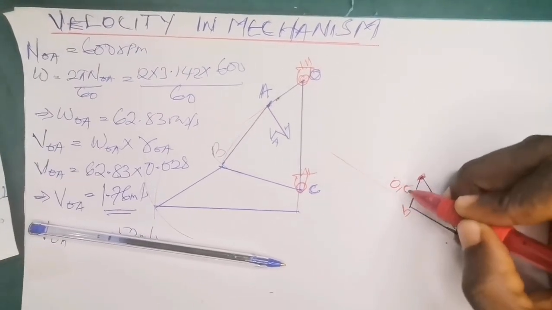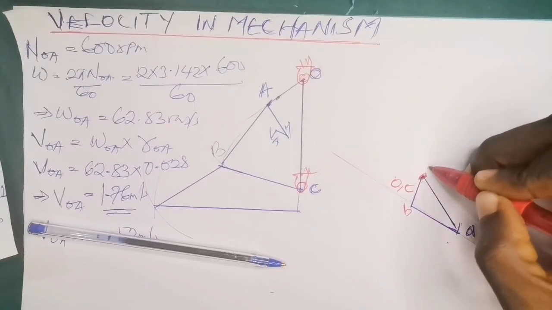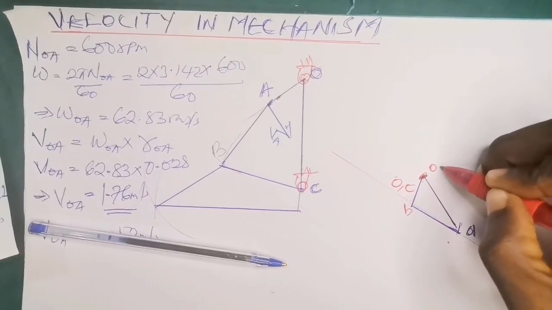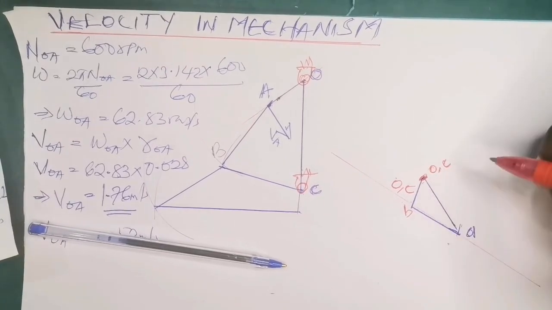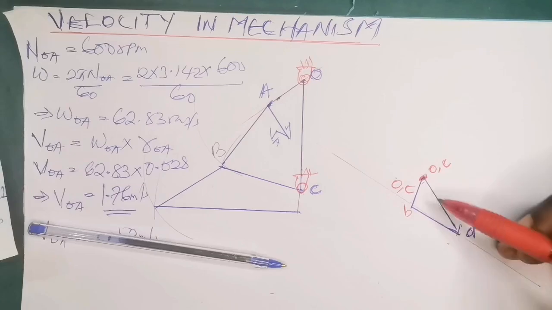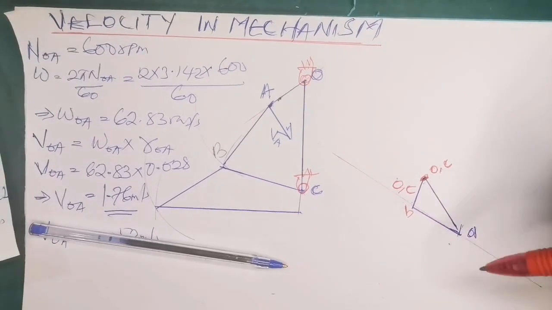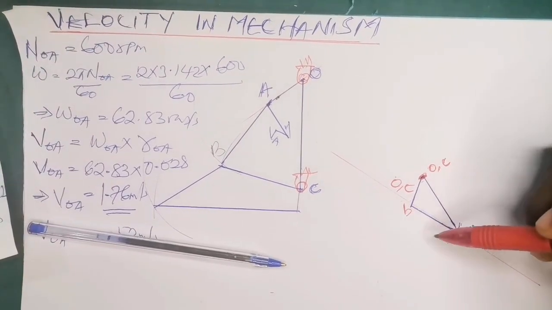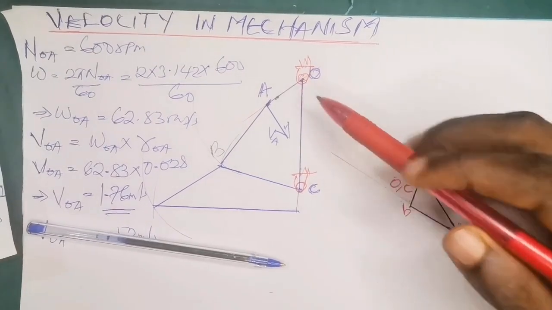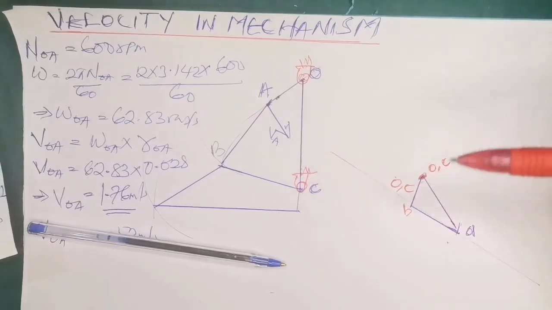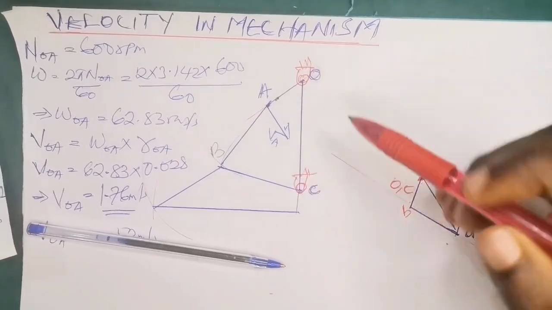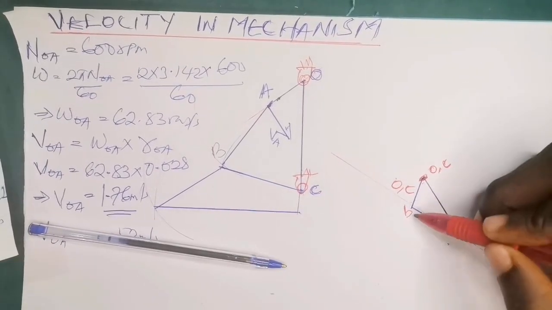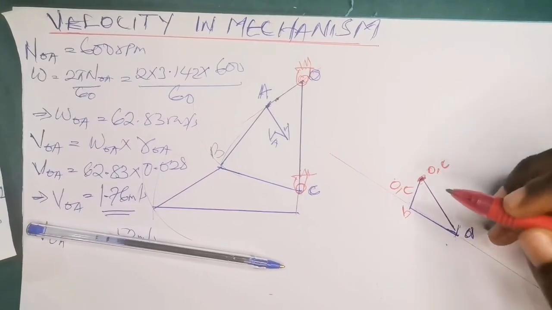We can discard this OC, the fixed point. So this is from A to B, and this is from B to the fixed point, point C. This velocity to the fixed point is simply called VB, the velocity along this arm.